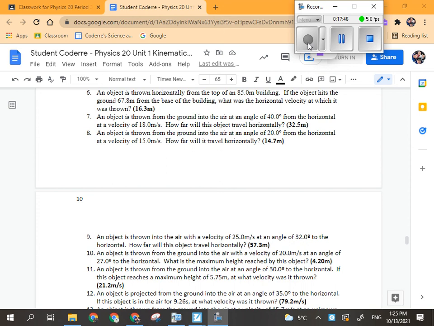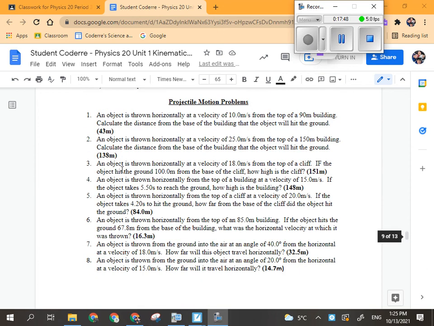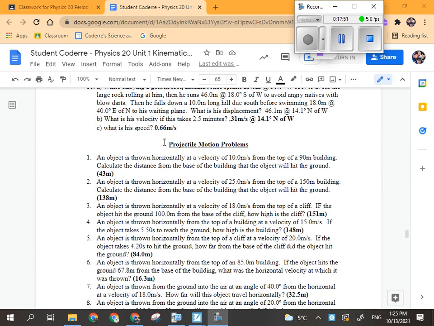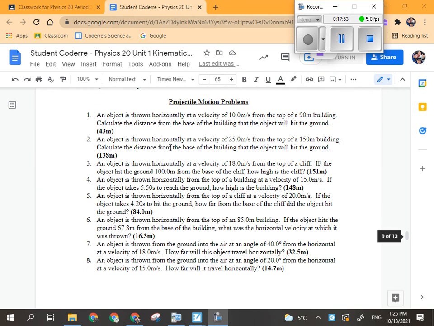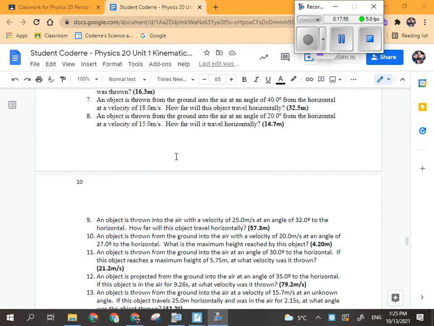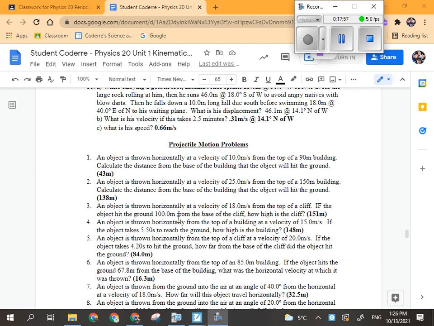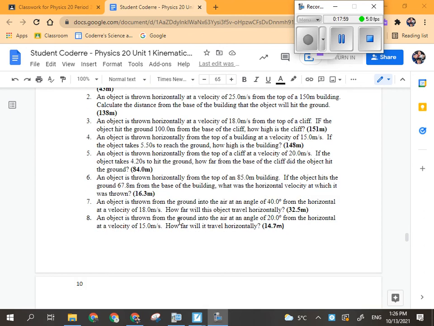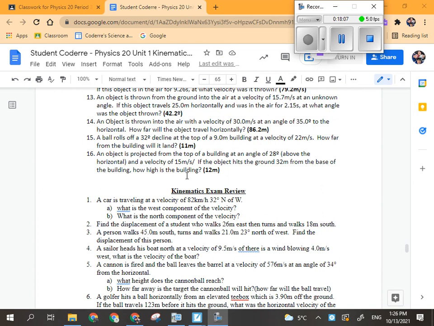Okay, so guys, I want you to finish up the projectile motion problems from your digital workbook. They start on page 9 and they go on to page 10. The first ones are all projected horizontally, and they go up to question number 7. So 1 through 6 are all horizontally projected projectiles, and then 7 through 16 are the ones projected at an angle.